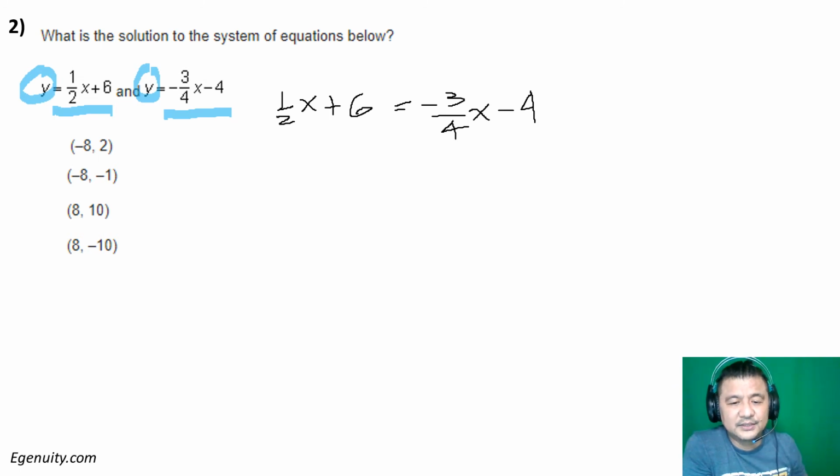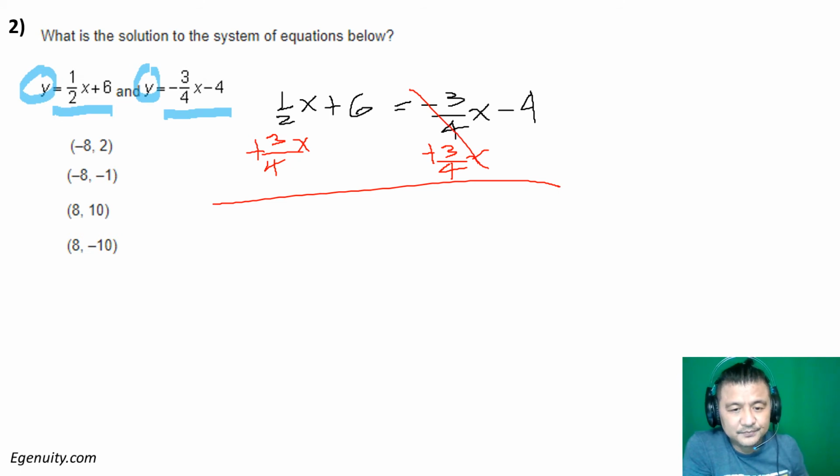Okay, so let's get rid of this one, plus 3/4 x for you, plus 3/4 x for you. That cancels out. So 1/2 plus 3/4. Now look at this. 3/4 will get the 1/4 from 1/2. That's 1 and 1/4. 1 and 1/4 x plus 6 equals -4.